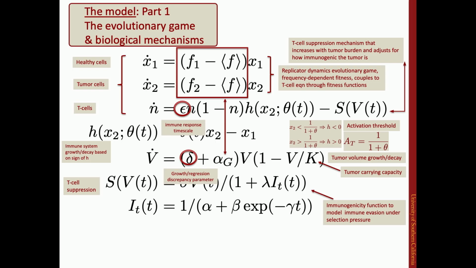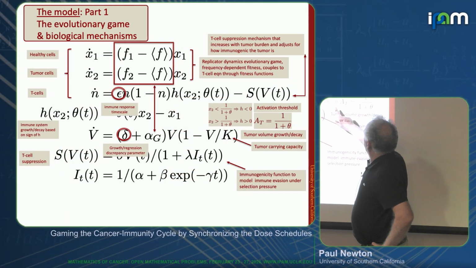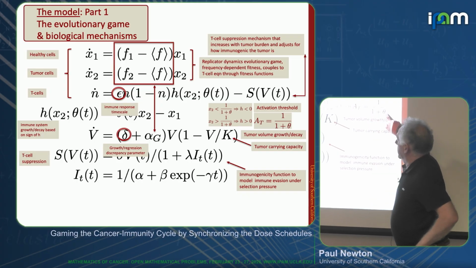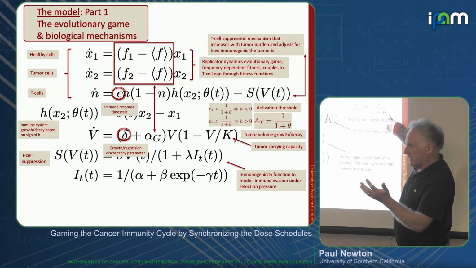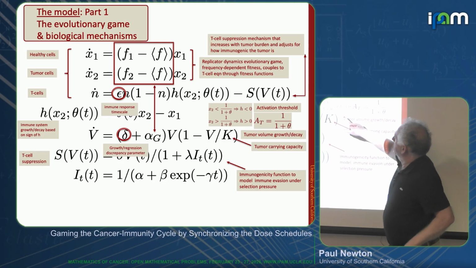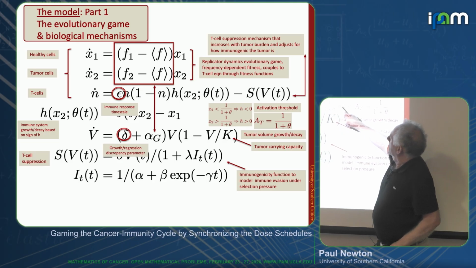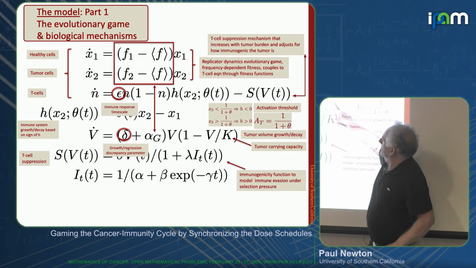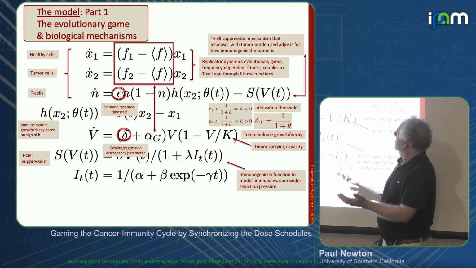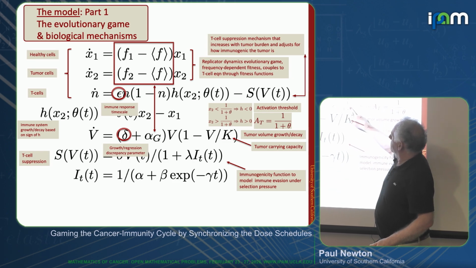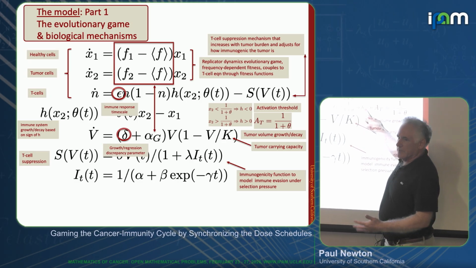Okay, so this is an important point. There's an activation threshold, which is 1 over 1 plus theta, where theta is my immunotherapy control. If the cancer cell population is below this activation threshold, then the immune system decays. If it's above the threshold, then H is positive and the immune system kicks in.